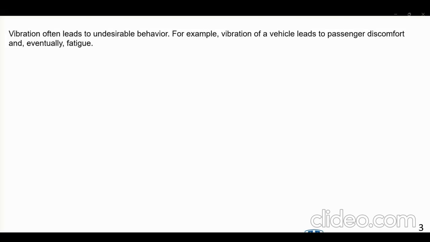Vibration is often undesirable. However, there are situations where we do want to intentionally introduce vibration into the system. For example, the phone vibrator, or in order to sort things such as bolts and coins and some vegetables, etc.